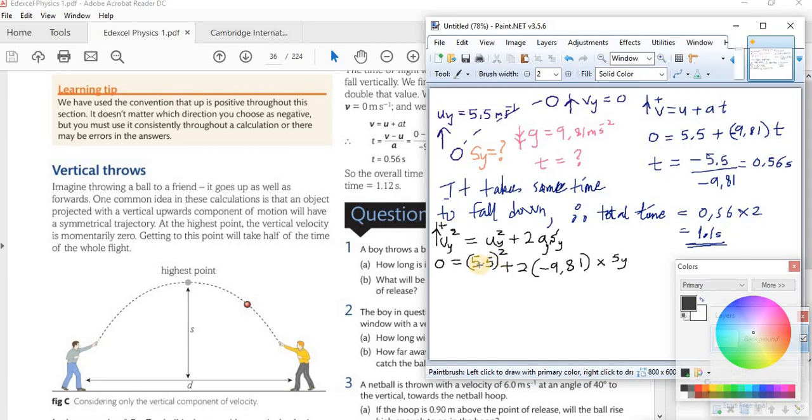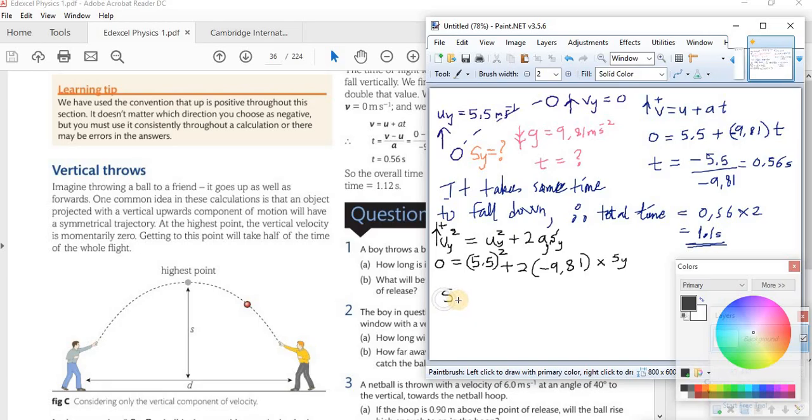So what we can do is square this and move this to the other side, then it becomes negative, and divide by this. Again you can use your calculator. 5.5 squared divided by 2 times 9.81 gives us 1.54, or you can say 1.5.